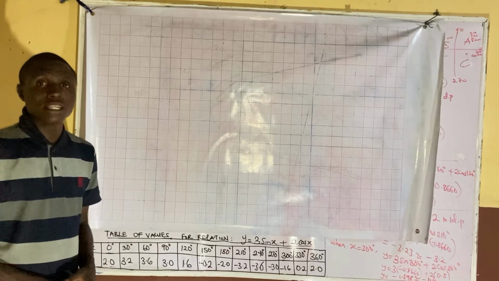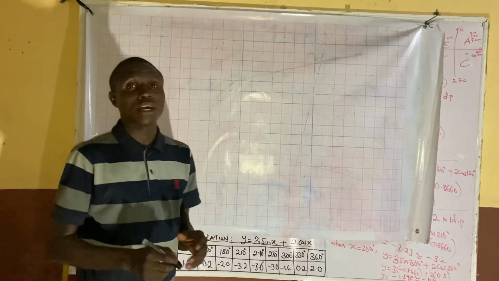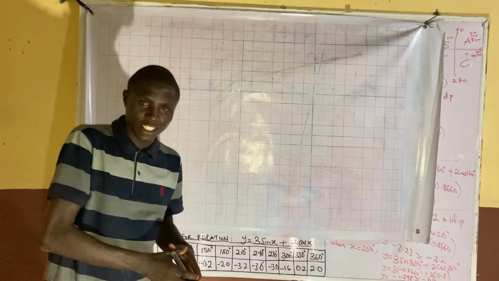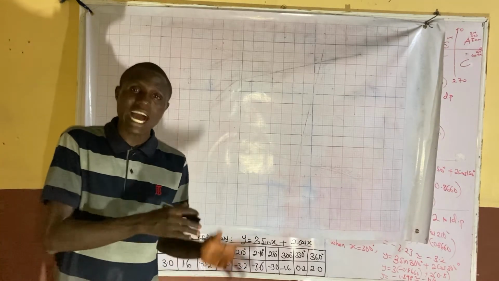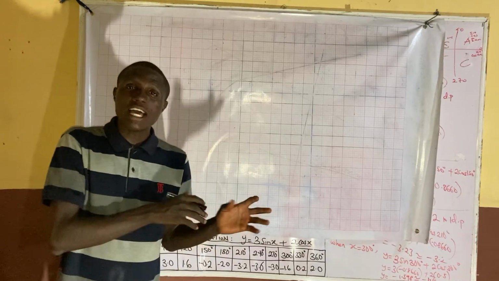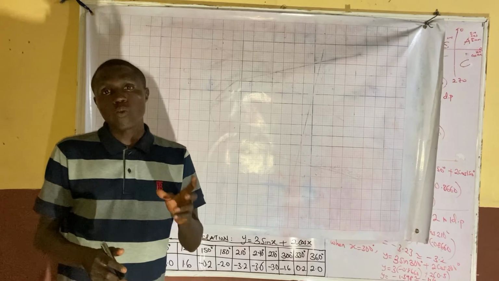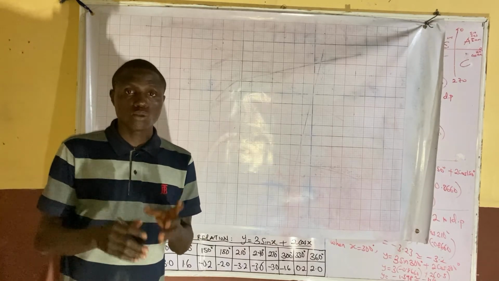The question says the scale to use is 2 centimeters to 30 degrees on the x-axis and 2 centimeters to 1 unit on the y-axis. Draw a graph for the relation y equals 3 sine x plus 2 cos x.